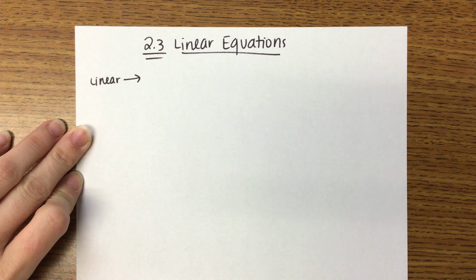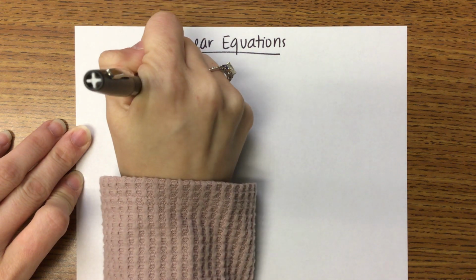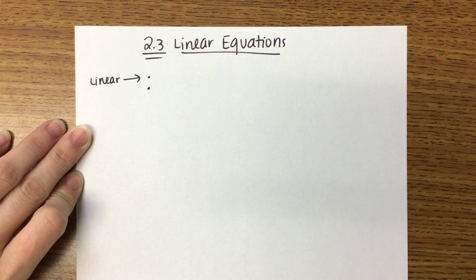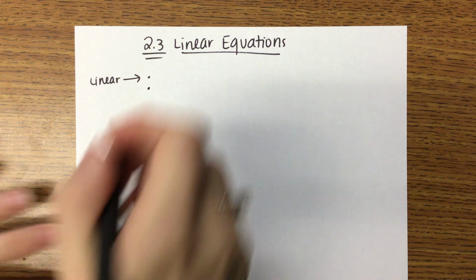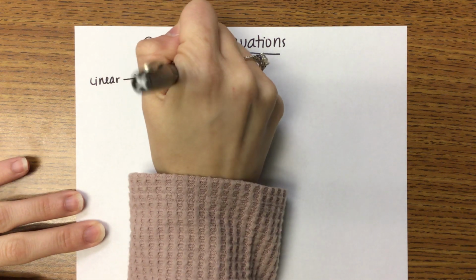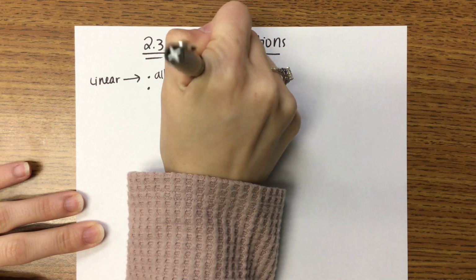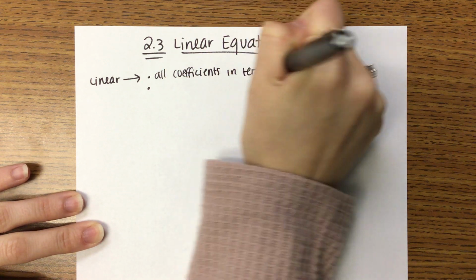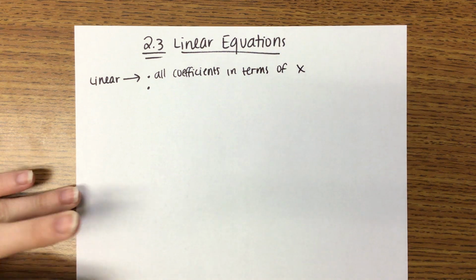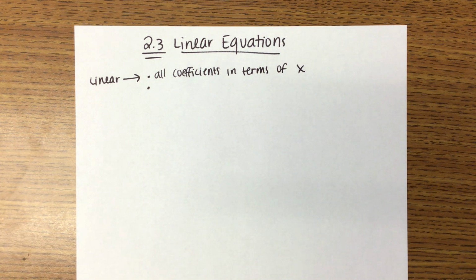Linear equations, we talked about there are two different requirements. What are they for an equation to be linear? Right, so that's the first one, all coefficients are in terms of x. And we're talking about ordinary linear equations.